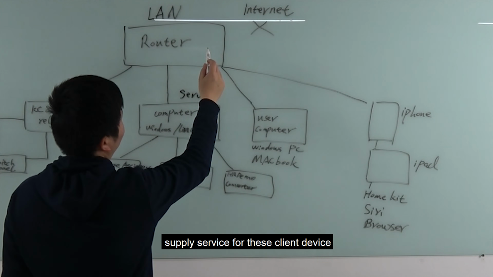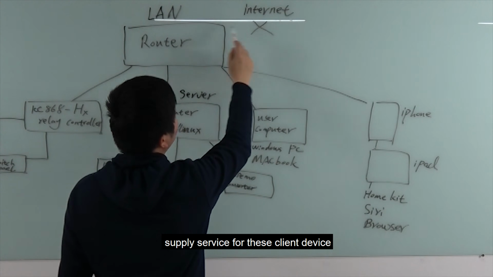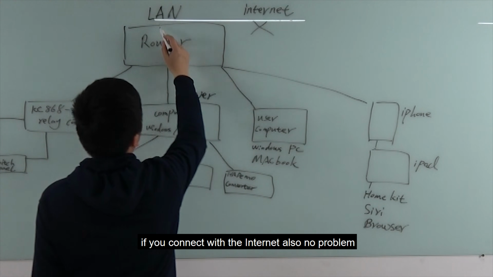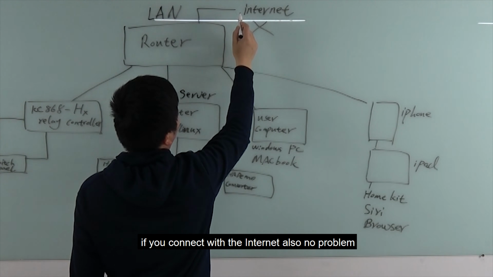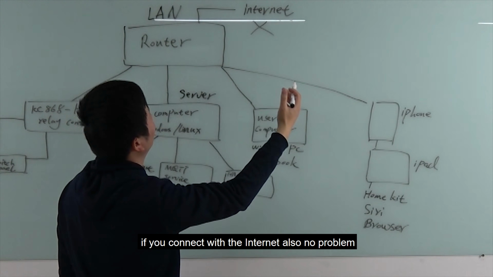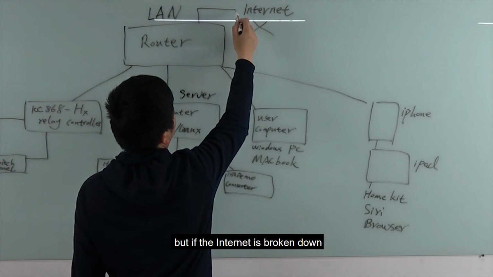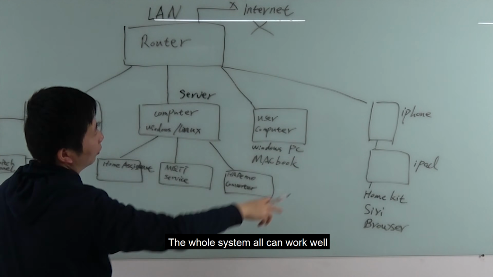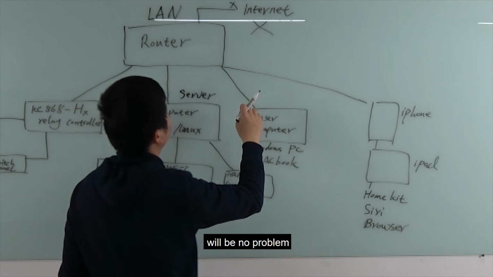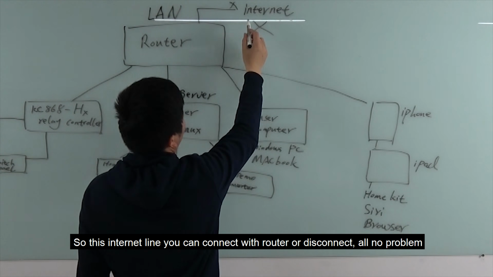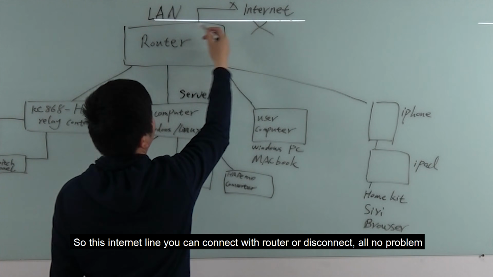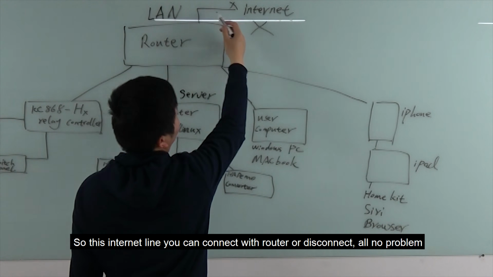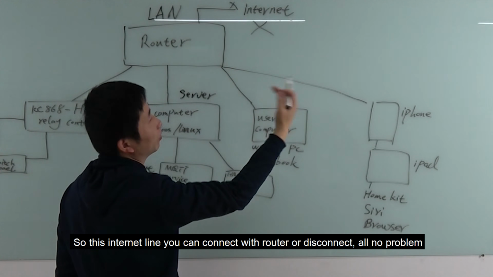And we have said it does not need the internet. If your router connects with the internet, also no problem. But if the internet is broken down, the whole system can still work well. So this internet line, you can connect with the router or disconnect from the router, all no problem.